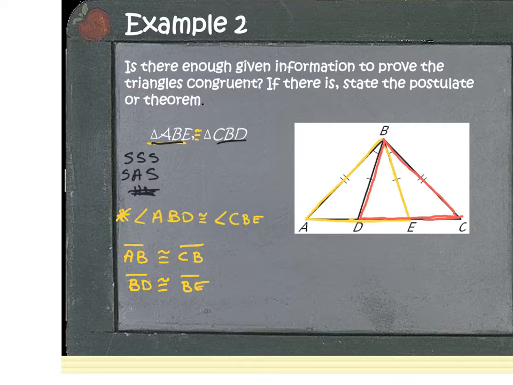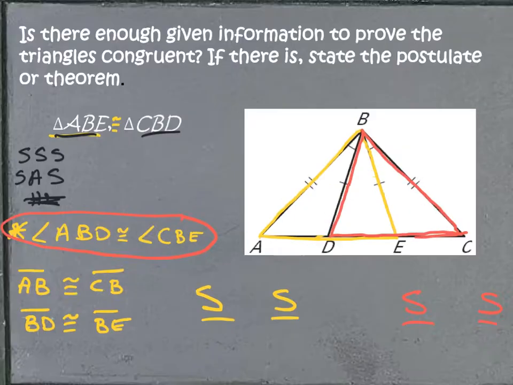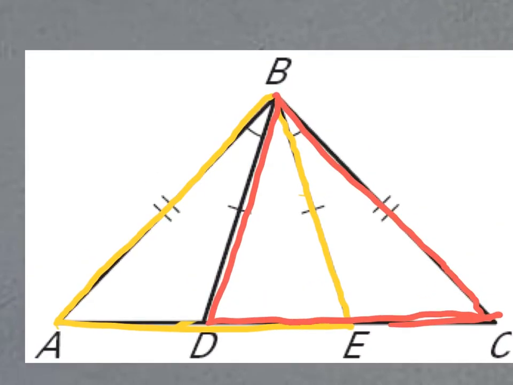So here's what we've got. We've got on the yellow triangle two sides matching up with two sides of the red triangle. But what we need is an included angle, and unfortunately this is not enough to do it because look at the yellow triangle. This right there is not the whole angle up top. It's missing this part. And this one right here is also missing that same part.